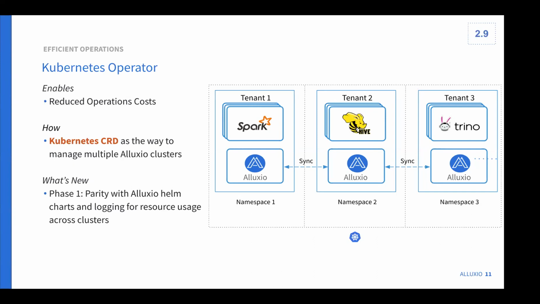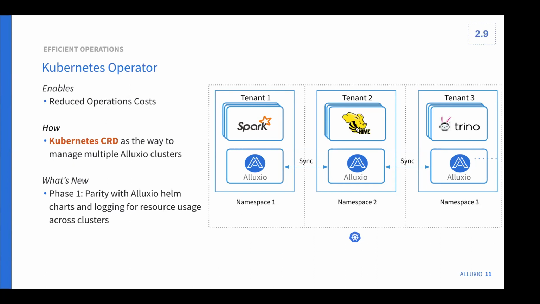Now, the Kubernetes operator, you must be familiar with how Kubernetes operators work in general. We have these custom resource definitions, which is a declarative way of specifying the desired cluster state. And then the operator works to ensure that the cluster state matches the desired Alluxio cluster state as well.